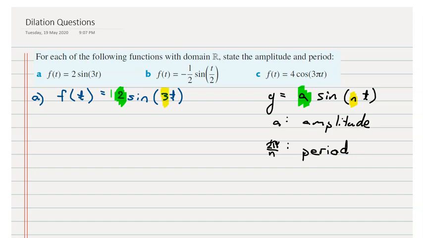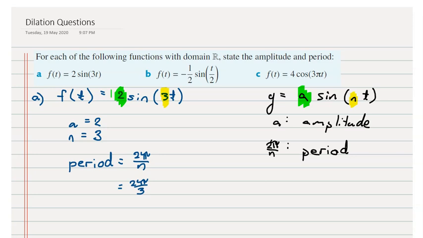So we've got an amplitude of 2, and our n is 3, so the period is 2 pi over n, which is 2 pi over 3.